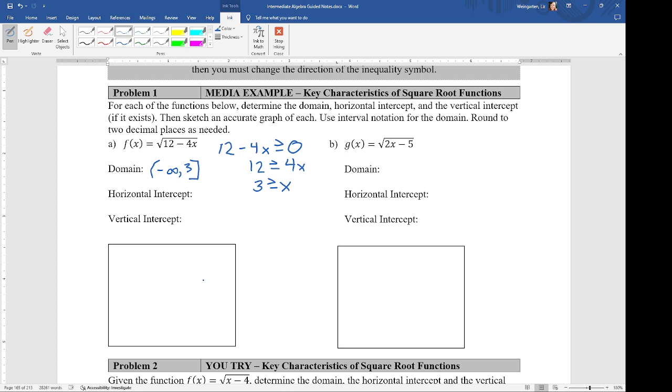The horizontal intercept, we set y equal to 0. So I'm going to do my horizontal intercept in green. So our f of x, or our y, is going to be 0. We're setting the function equal to 0.